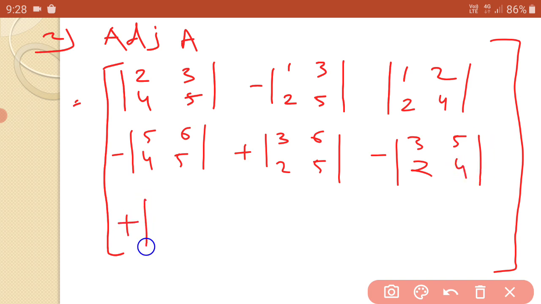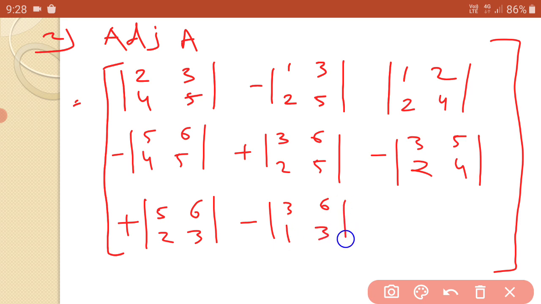Then plus 5, 6, 2, 3. Very carefully you write these cofactors. 3, 6, 1, 3. Then plus 3, 5, 1, 2.